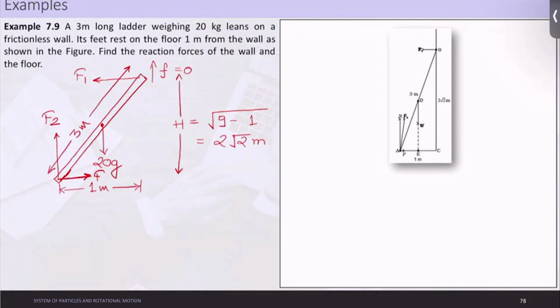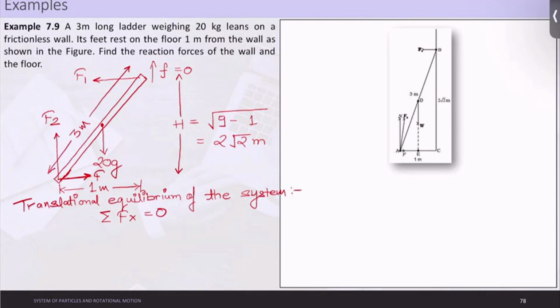Okay, fine. So let us calculate first of all the translational equilibrium of the system. Okay, so here first of all let me do summation Fx equal to 0. So using this summation Fx equal to 0, what did I get?